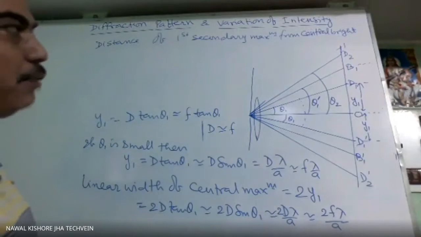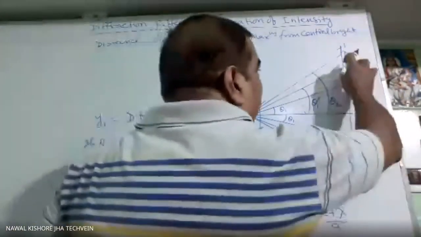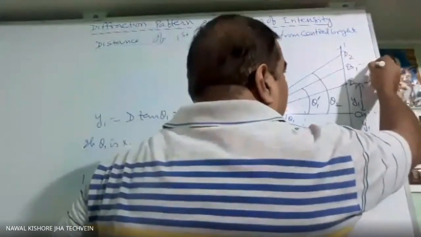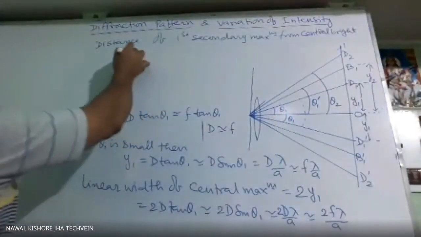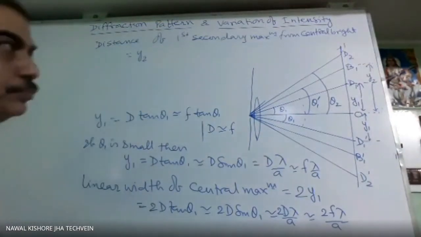So indirectly, what we have to find is from here to here. This is the bright, so this y2 we have to find. So this is equal to y2. And how will you find y2?